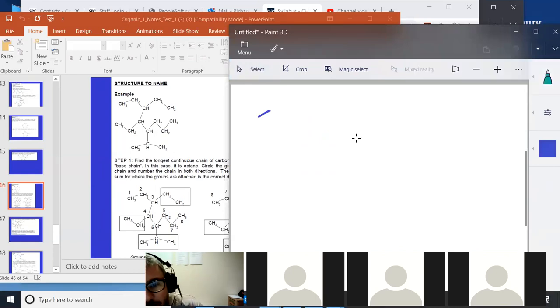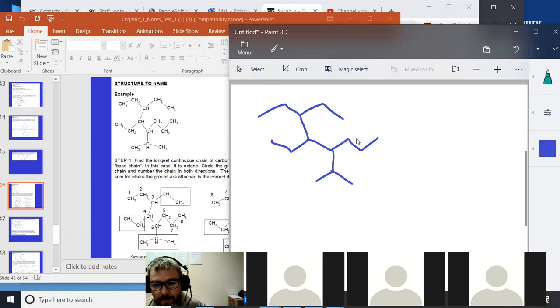So if I drew this as the line structure, here's what it will look like. Okay, so that's what it looks like as a line structure.